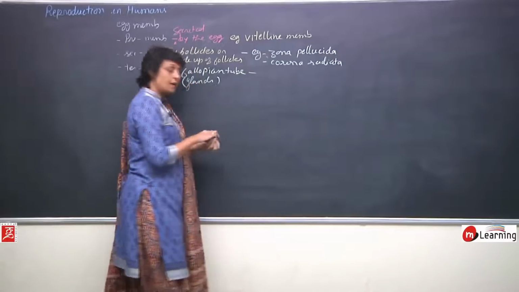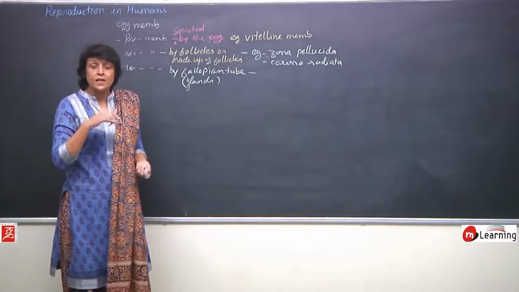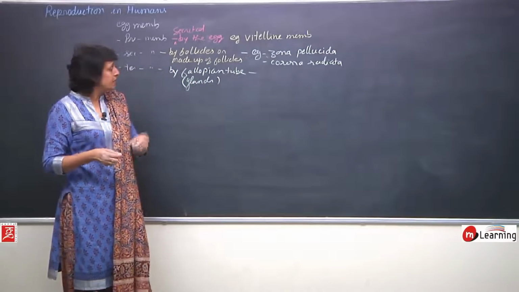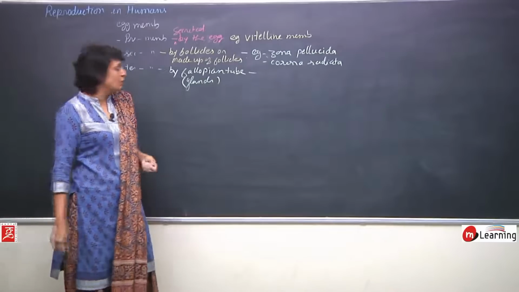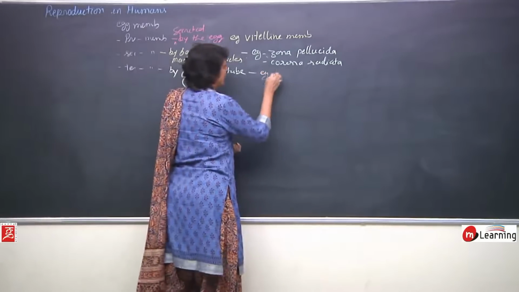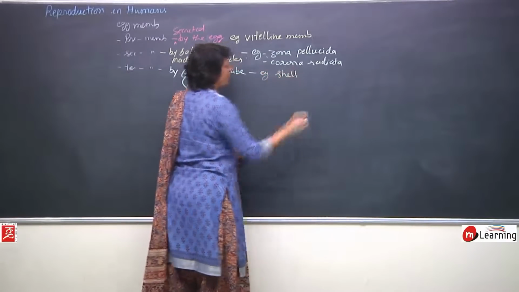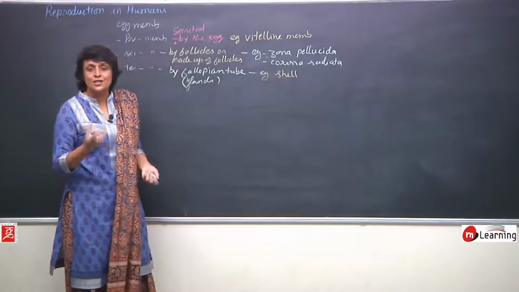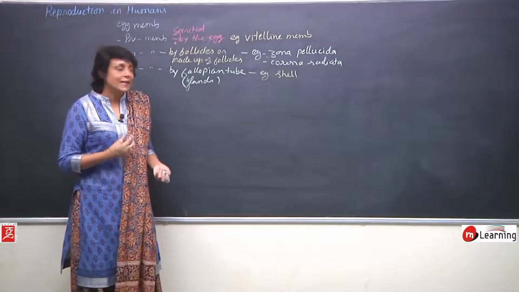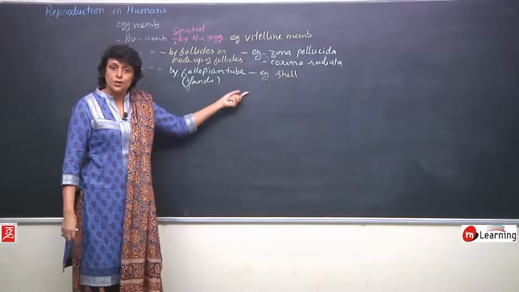In case of the eggs which we see in hens or reptiles, the eggs have shells around it. So the shell, or sometimes there is a mucilaginous cover around the egg, that is also a tertiary layer.